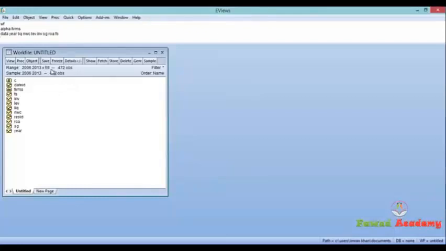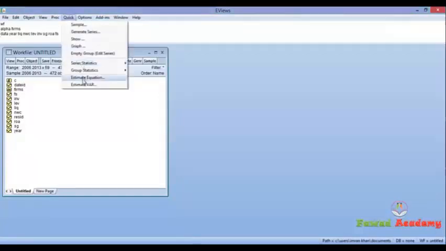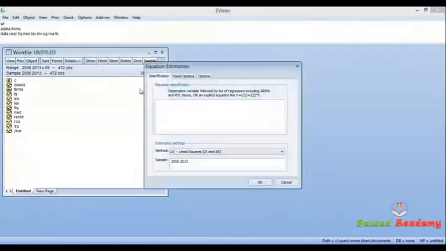It is seen that our data has been converted into panel data. Now we can apply the Hausman test. For doing that, go to Quick, select Estimate Equation.